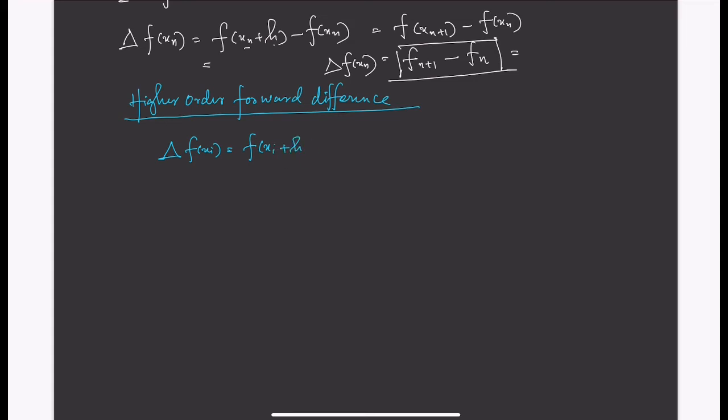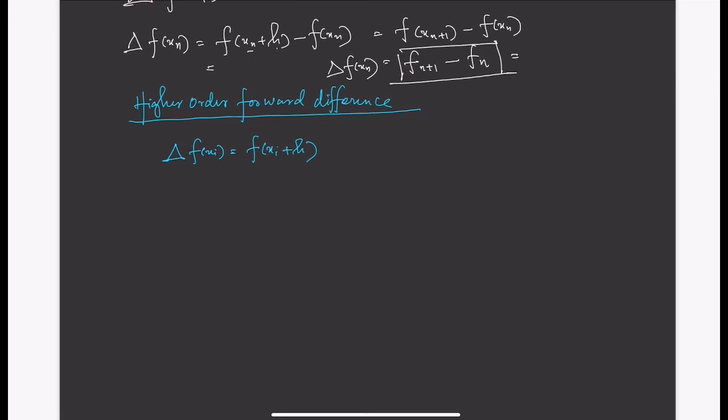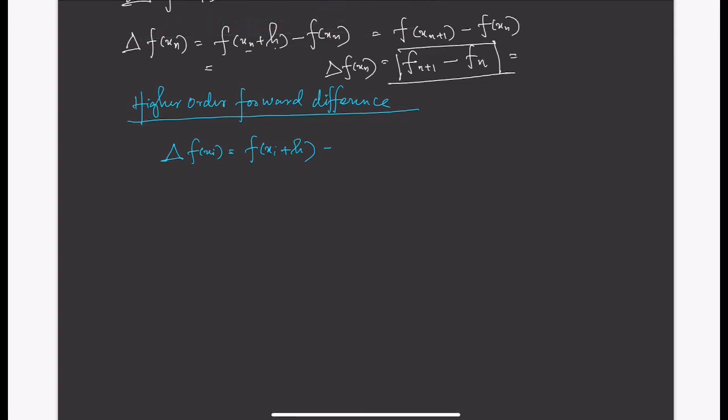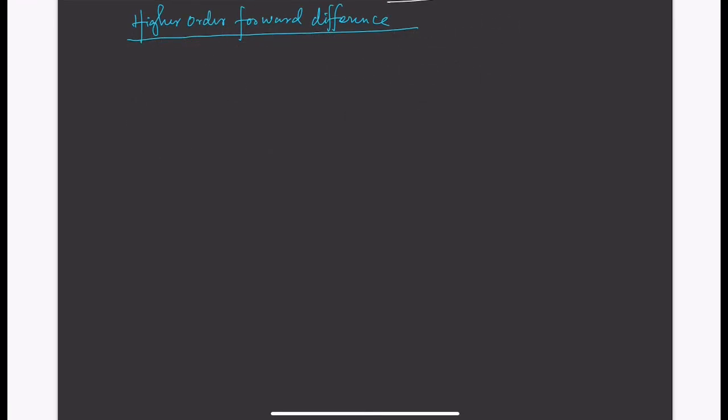Now we will go for the higher order forward difference method. We know that delta of f of x is f of x plus h minus f of x. Okay, this is the formula that we have studied.